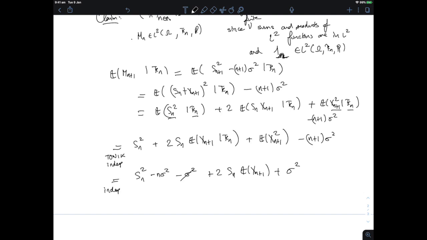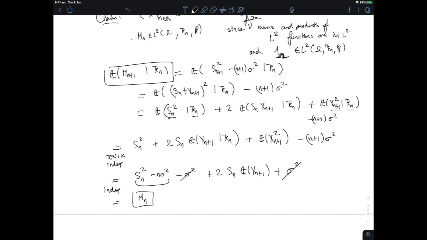So the sigma squared here will cancel, and we need this minus sigma squared to cancel this term here. And now this here is Mn, and the expectation of xn plus 1 is 0. So we've proven that Mn is a martingale, and we really needed to have this correction term in order to do that.